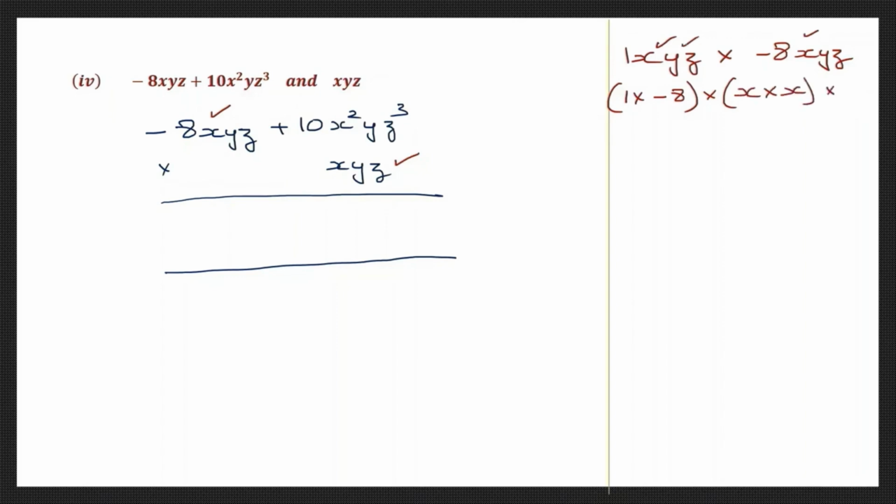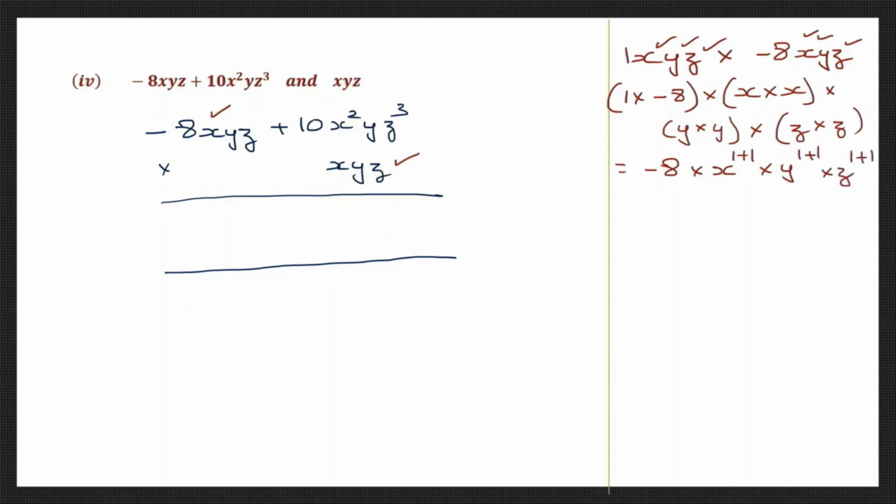Into, let's take the y, 1 here and 1 there, so that is y into y. Then the z, we have 1 here and 1 there, so z into z. So this becomes minus into plus is minus, 1 eight is 8 into x to the power of 1 plus 1 into y to the power of 1 plus 1 into z to the power of 1 plus 1. So this is minus 8 x square y square z square. So let's write that down here. Minus 8 x square y square z square plus.